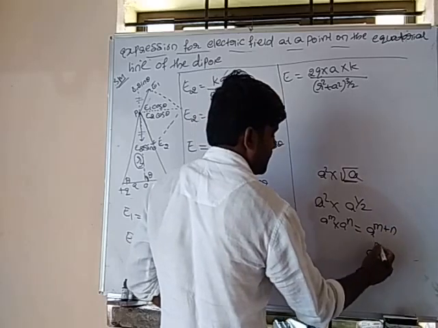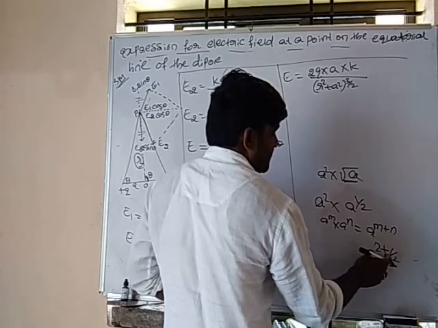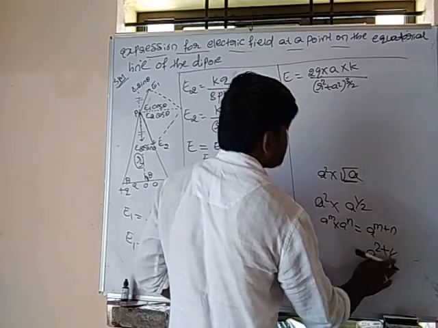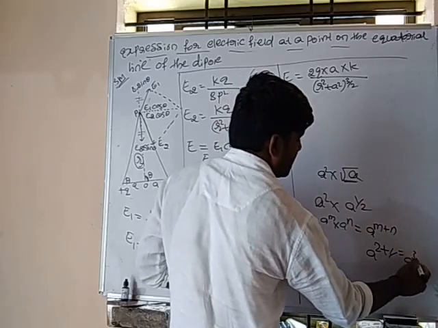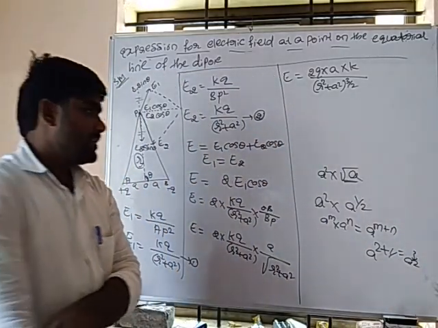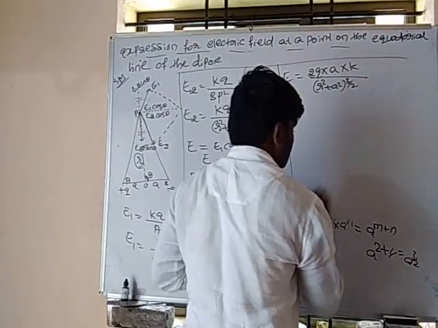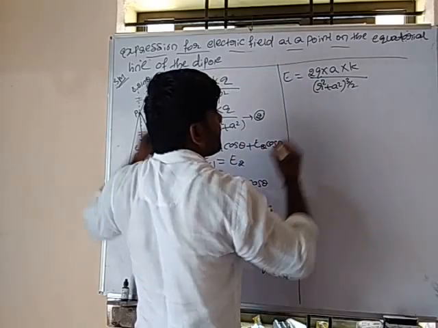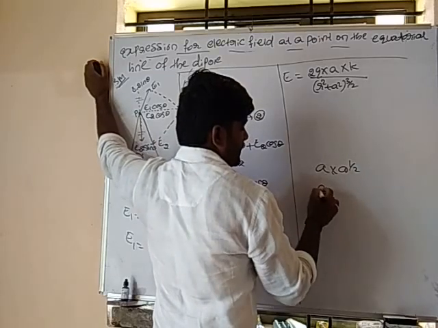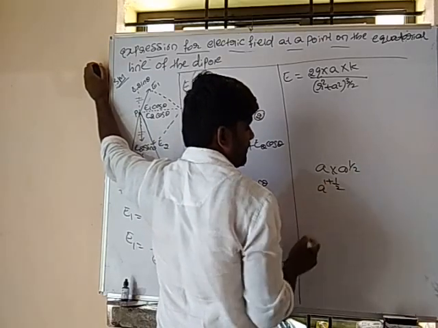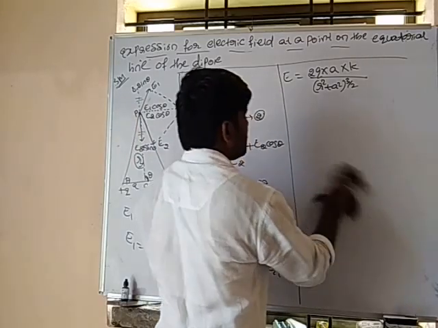So a to the power 2 plus 1 by 2 is a to the power 3 by 2. Similarly, a into a to the power 1 by 2 is a to the power 1 plus 1 by 2, which is a to the power 3 by 2. Like this only we are going to solve.